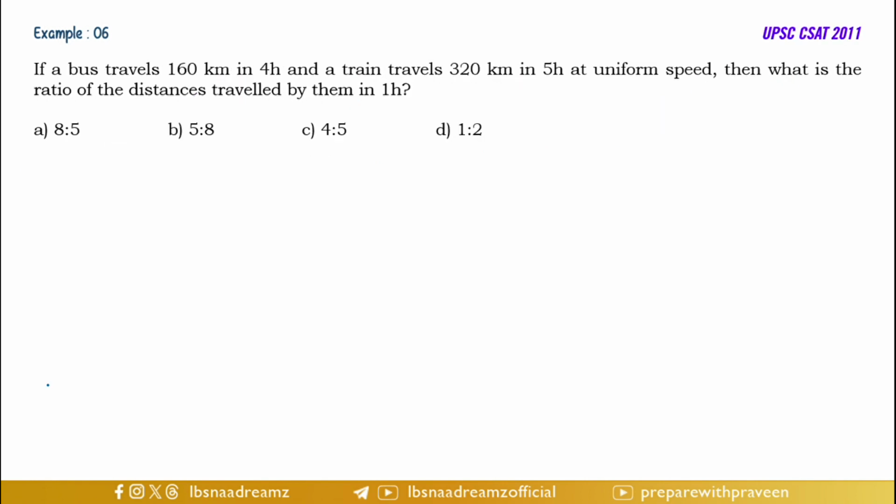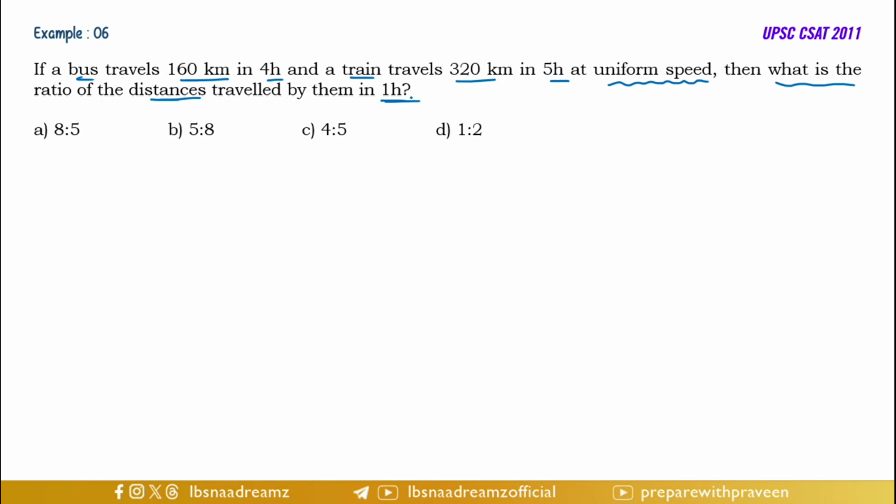Example 6. If a bus travels 160 kilometer in 4 hours and a train travels 320 kilometer in 5 hours at uniform speed, then what is the ratio of the distances traveled by them in 1 hour? Read the question again. Then what is the ratio of the distances traveled by them in 1 hour?